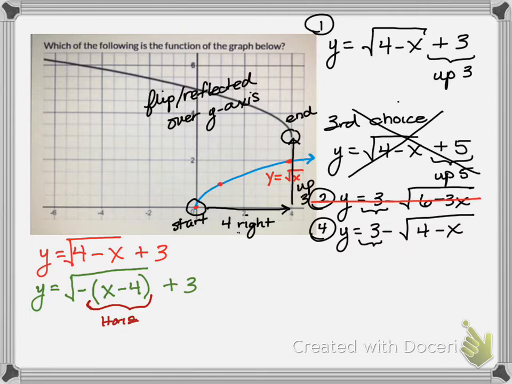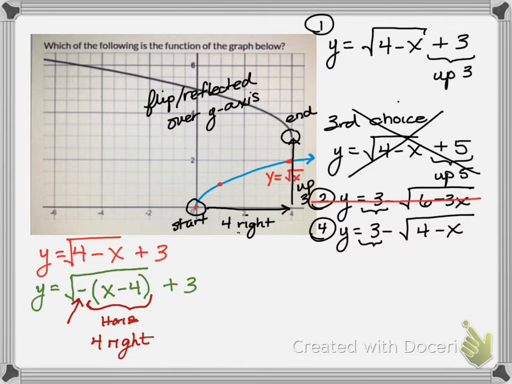So x is going to be positive 4, because if you solve for x of that factor, it is moving 4 to the right. That right there is a negative. It is not a negative outside of my parent function.